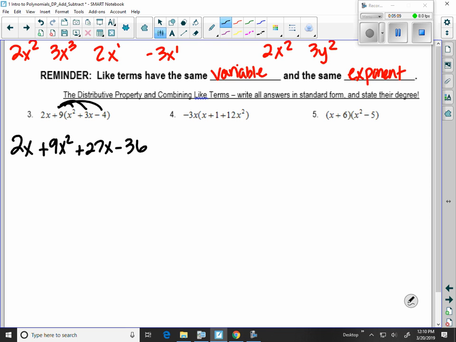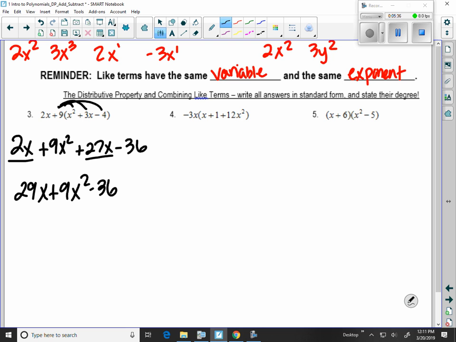36. Do I have any like terms? Yes, right? I have some x to the first. I have 2x and I have 27x. What does that get me? 29x. Okay, no more like terms. Is it in standard form?